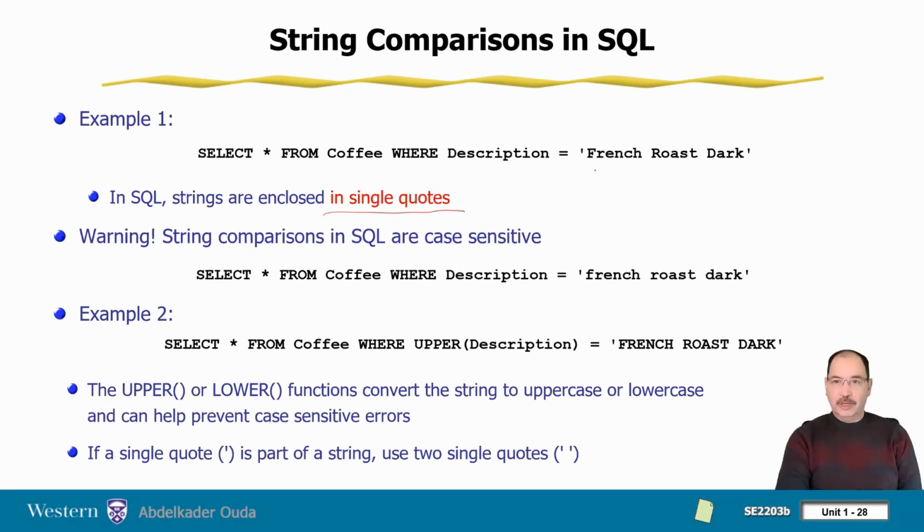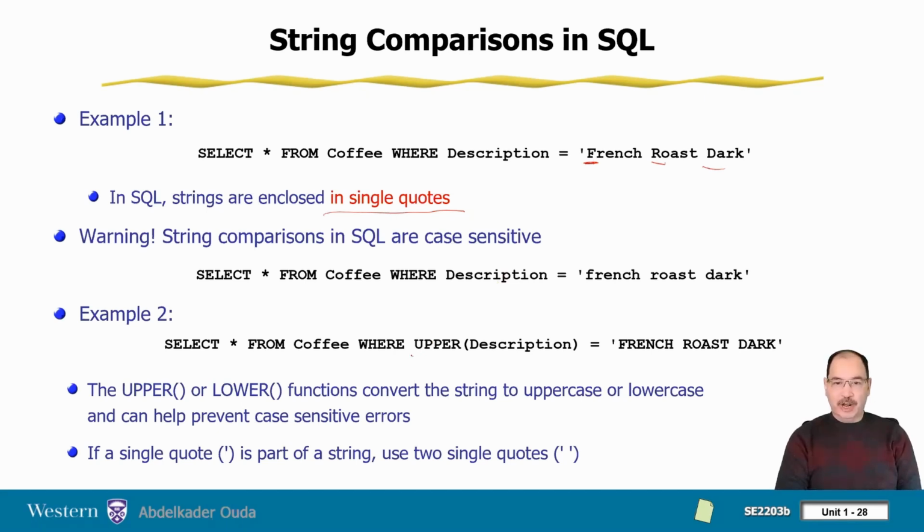Notice that this is case sensitive. That means it's going to look at all descriptions that start with the word French, with capital letter F, and also for roast and dark. But if we have some data like this, then we're not going to match this and make it equal because it is case sensitive. If we need to retrieve all descriptions, whether they start with uppercase F or lowercase f, then you can use some functions, predefined functions in SQL as well.